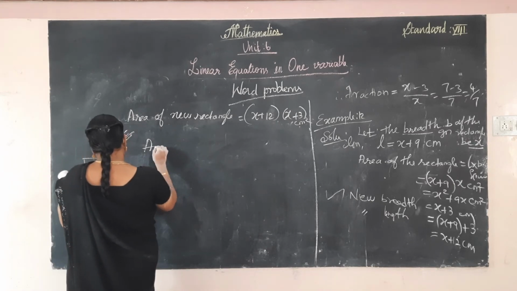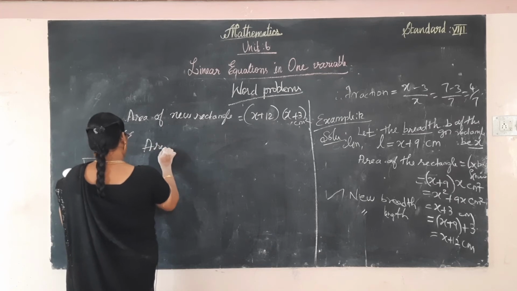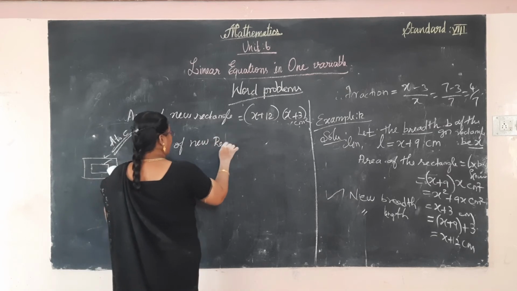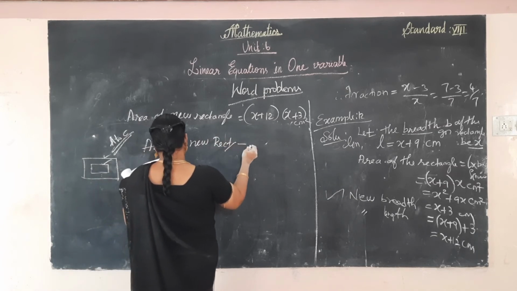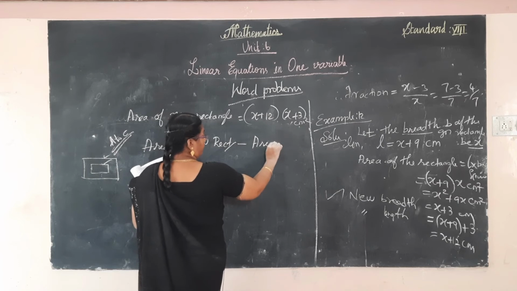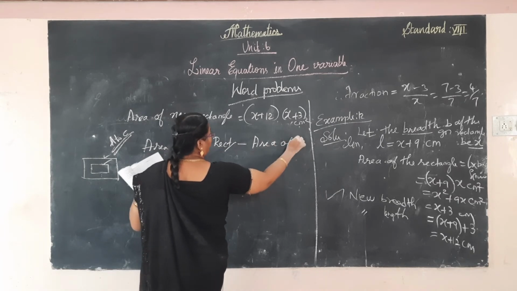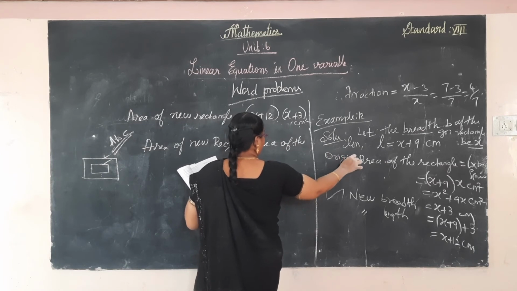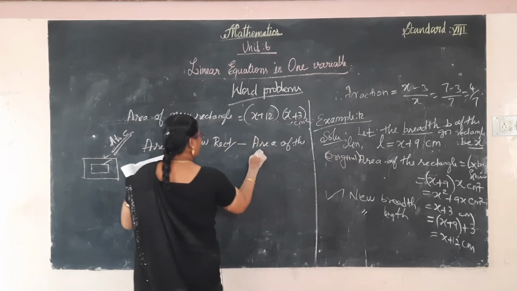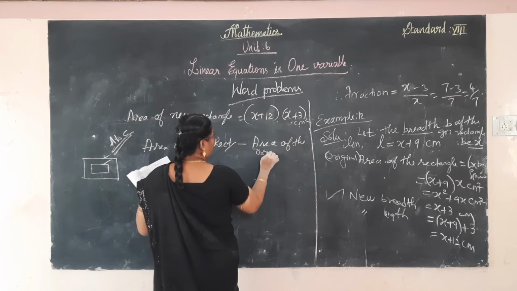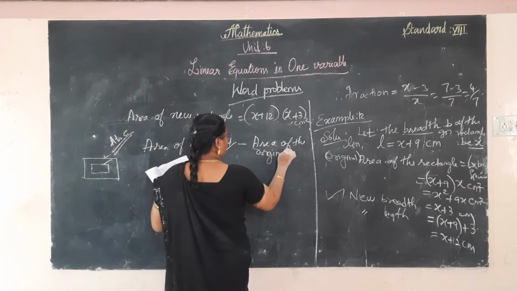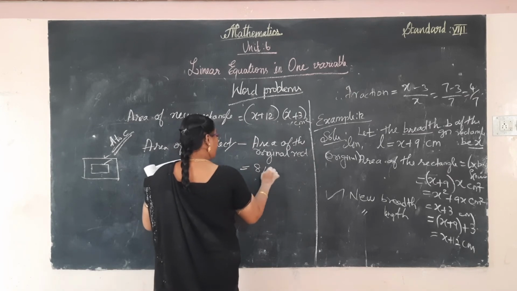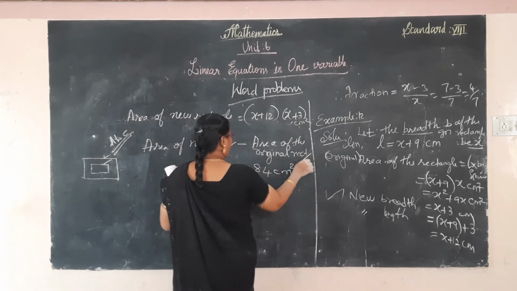So the area of the new rectangle minus the area of the original rectangle is equal to 84 centimeter square.